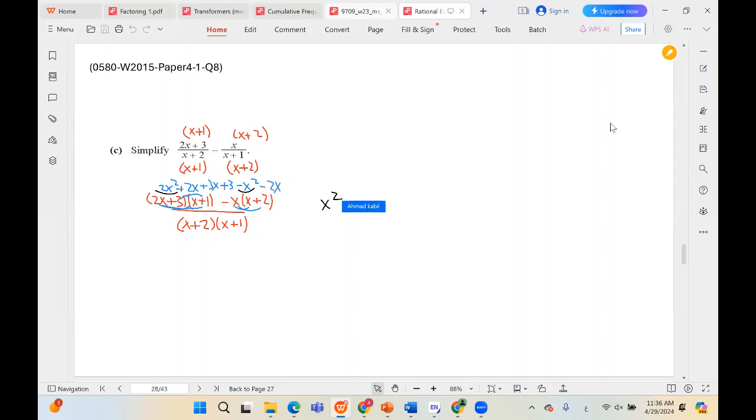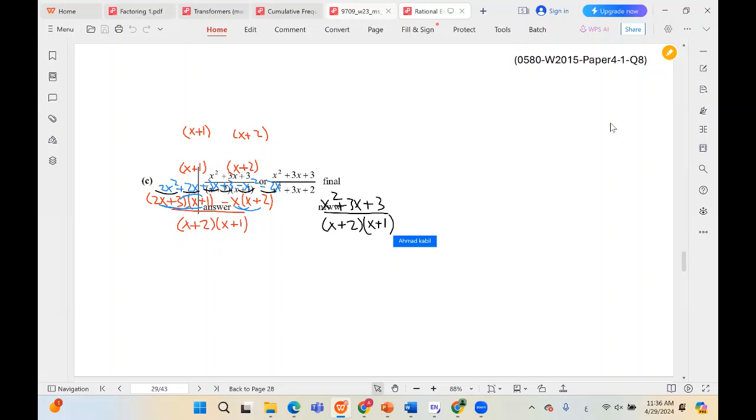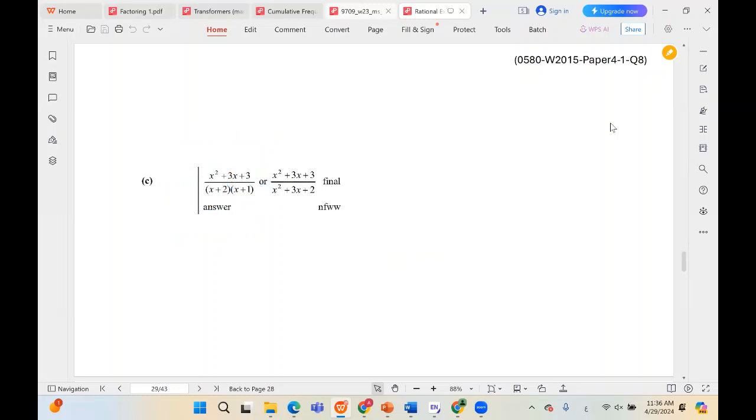Then we have 2x plus 3x, which is 5x, minus 2x. So this is plus 3x. And finally, we have plus 3. So x squared plus 3x plus 3 over x plus 2 times x plus 1. This is the correct final answer here.